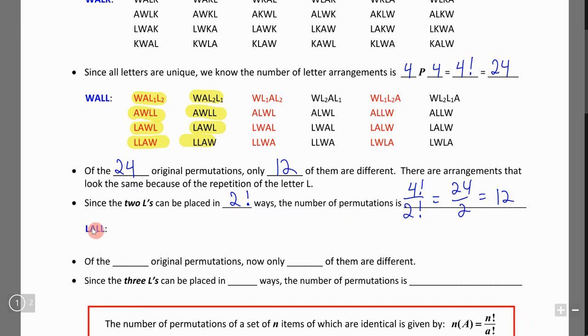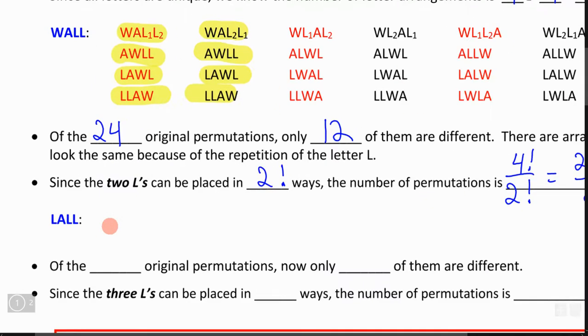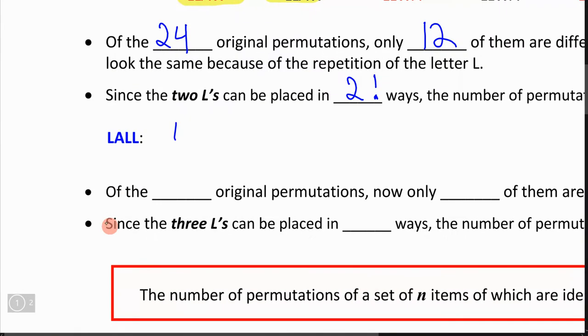Now, what if a letter repeats 3 times? What are the permutations of LALL? Well, I have LALL, I have LLAL, I have LLLA, and I have ALLL.